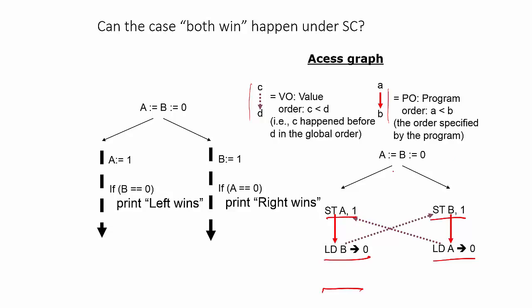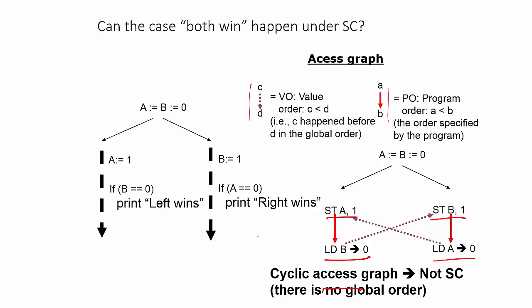The same thing with this load here. If it's going to return 0, it has to happen in a value order before the store of B here. This is a circular, or cyclic, access graph. It's not sequential consistency because there is no global order. So if both win, it's violating sequential consistency.